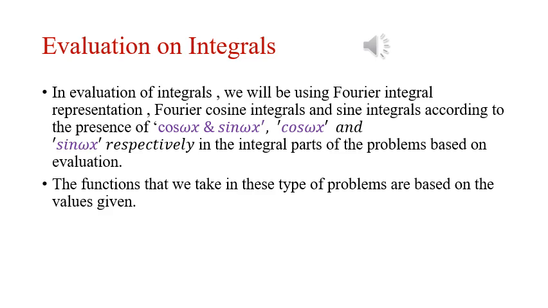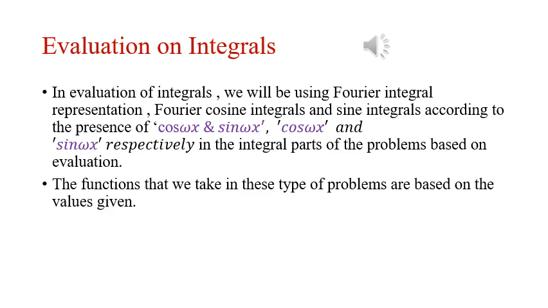If you are having sine omega x in the integral part only and there is no cos omega x part, you can use Fourier sine integral representation. It will not matter if it is cos pi omega or cos a omega or sine pi omega and all.